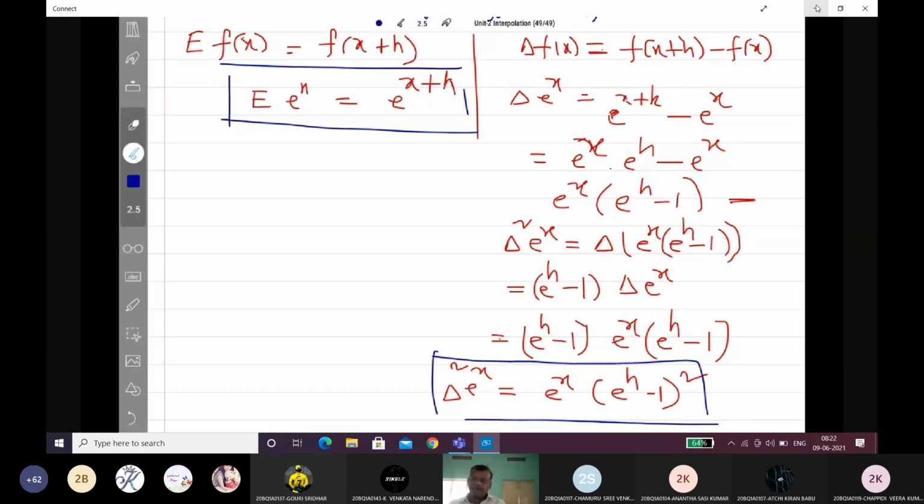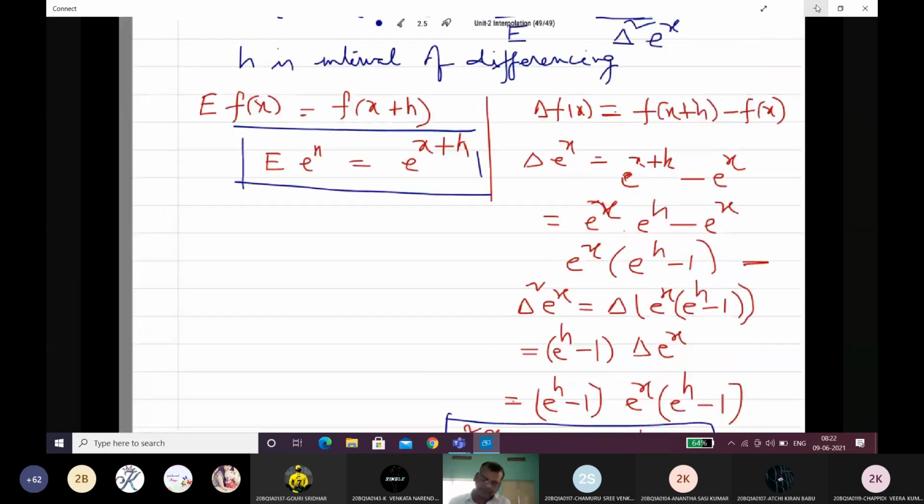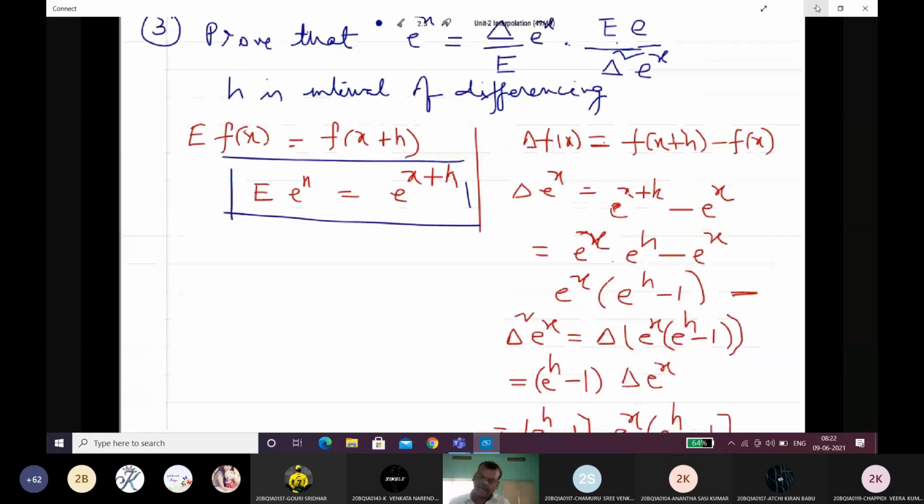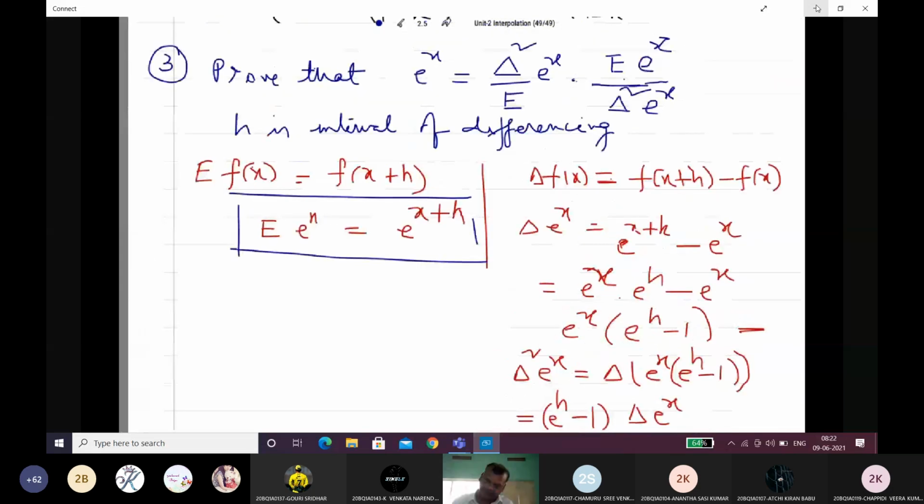Now coming to the problem, left hand side. What is the left hand side of the problem? Left hand side of the problem is equal to right hand side. First you have to take delta square by e of e power x, that you have to see.